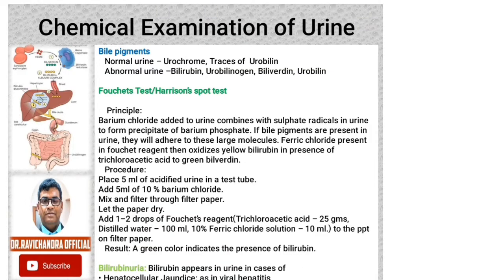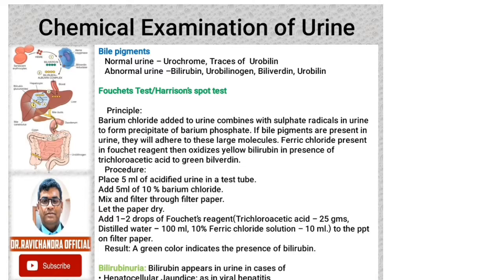Bile pigments. In normal urine, there will be urochrome and traces of urobilin. But in abnormal urine, bilirubin, urobilinogen, biliverdin, and urobilin will be seen. The test for detection of bile pigments is Fouchet's test or Harrison's spot test.